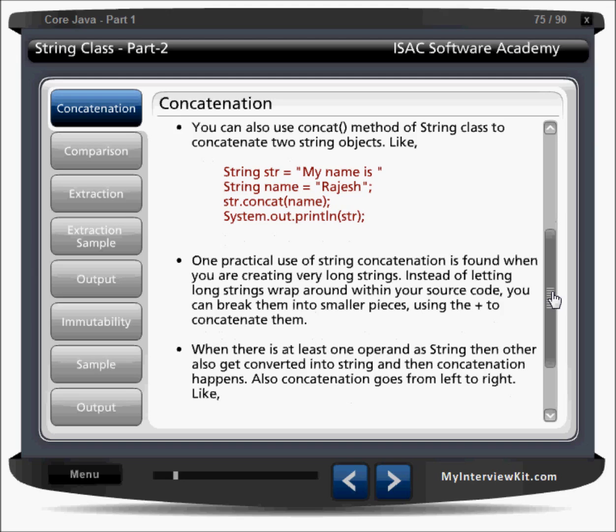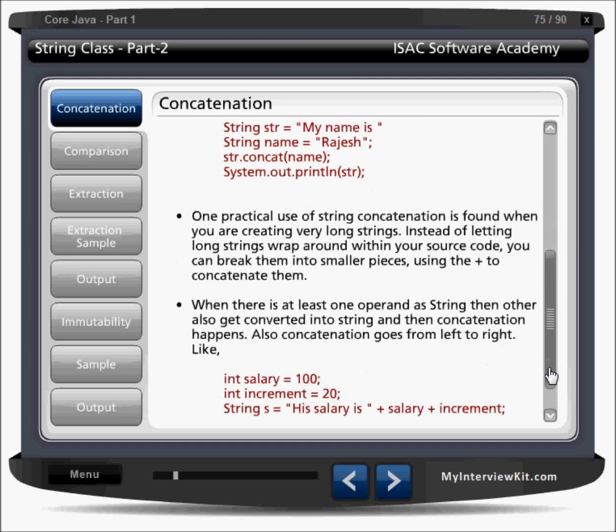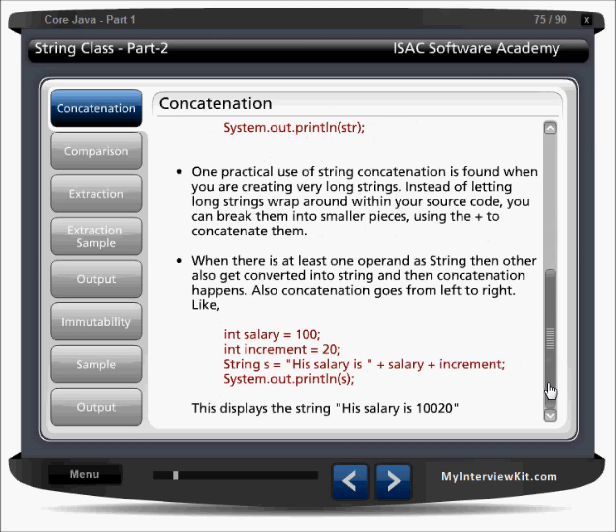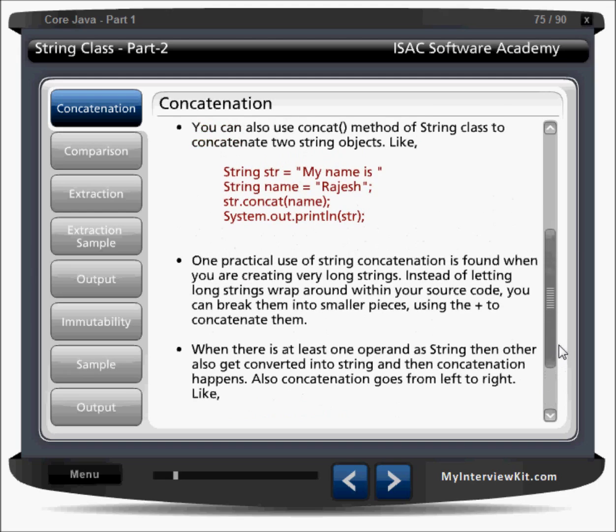How can you retrieve the value "my name is Rajesh" with the concat method? You take one new variable here and write one more line of code: String s equal to str.concat(name). Now if I print this s instead of str, you will get my name is Rajesh. But if you print str, you will get the same value.